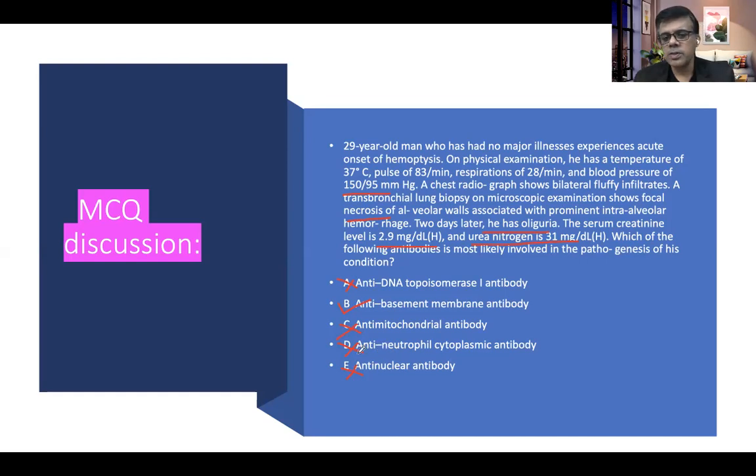Upper respiratory tract is usually not involved. And apart from that, the pathognomonic process of Wegener's granulomatosis is cytoplasmic anti-neutrophilic cytoplasmic antibody, whereas in case of Goodpasture, we get the anti-basement membrane antibody, that is the pathognomonic event.